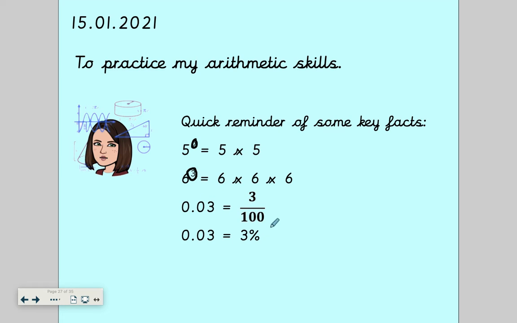So we know at the bottom we need 100 for our fraction, and we have the 3 in the hundredths column, so the 3 goes on the top, making it 3 over 100. Similar to percentages, which are out of 100. If the 3 was in the tenths column, it would be 30%, but because it's 1 less, it makes it 3%. So just remember those when we have a look at some arithmetic questions.